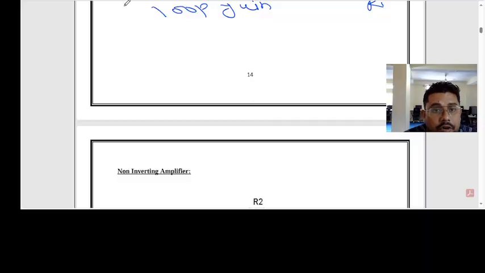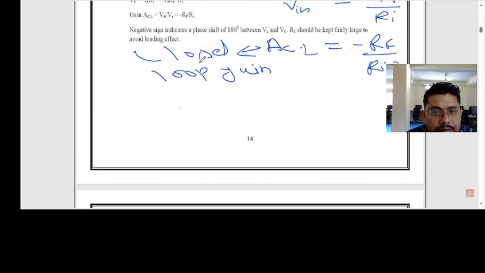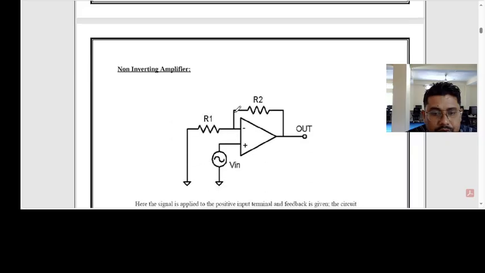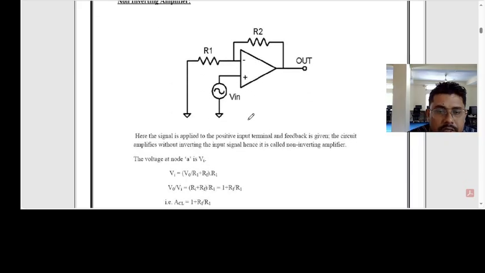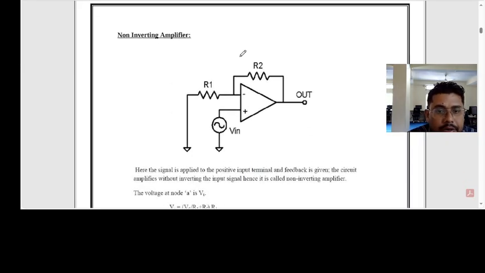Now the non-inverting amplifier. In the non-inverting amplifier, we apply the input on the non-inverting terminal, and the inverting terminal is grounded.